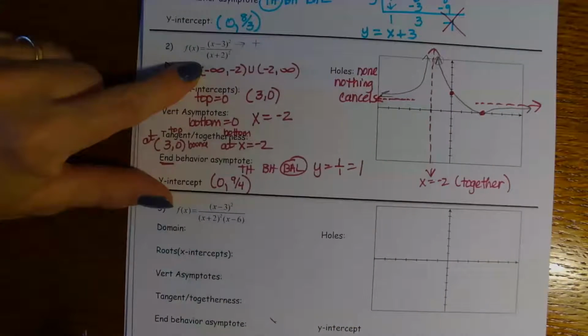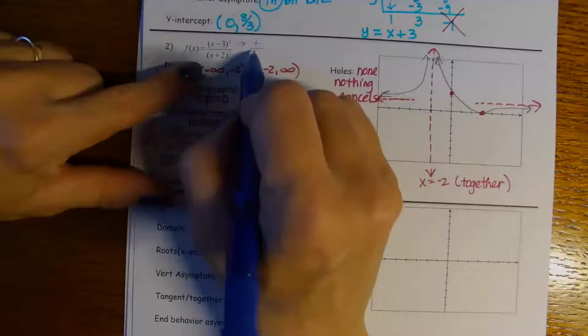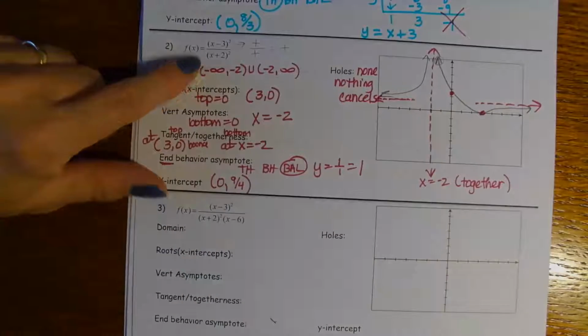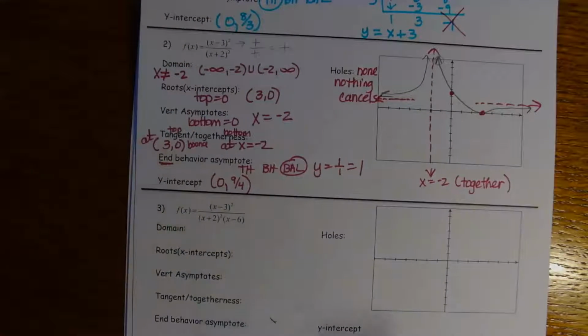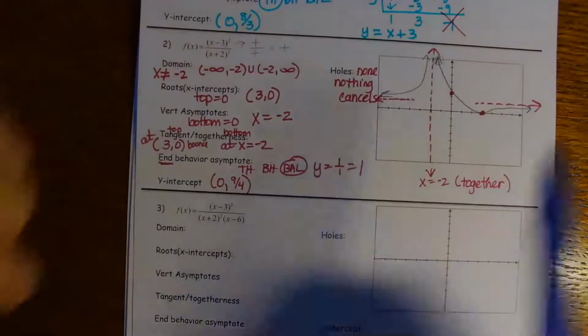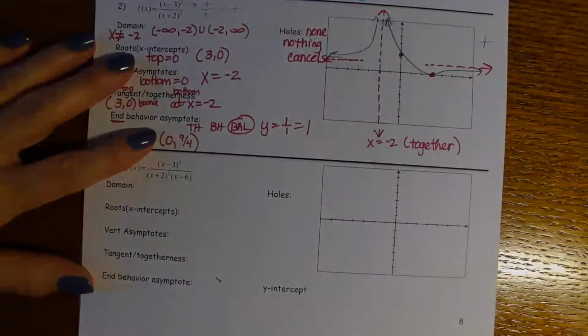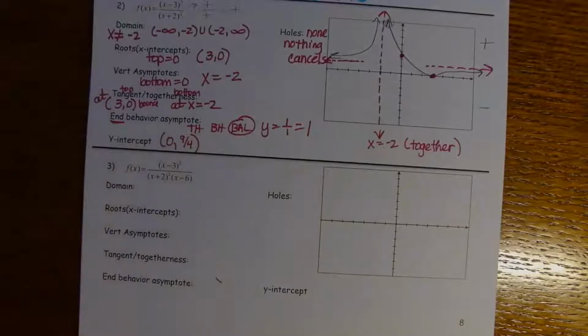The bottom is what? Squared. So what's the bottom? Always positive. So that means this thing is always positive. So that's another clue that's telling you if it's not 0, it's always up top. Because this is a positive part. And if something comes out negative, it's down here. So there's lots of clues.